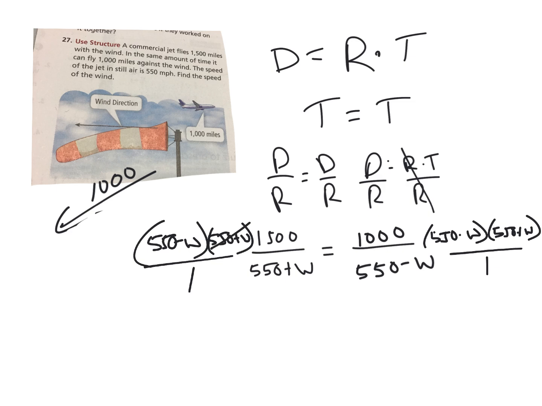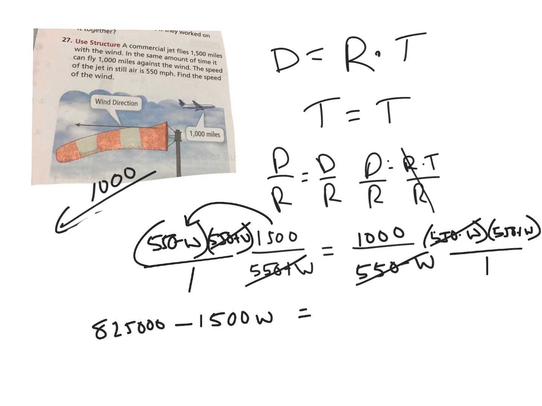Here this would cancel and this would cancel, and this is going to cancel and this is going to cancel. So I've got to take 1,500 times 550 plus W, so that's 1,500 W. I've got to get a calculator out. Calculator time. I'm going to take 1,500 times 550, and that's 825,000. Yeah, you knew that off the top of your head, didn't you?